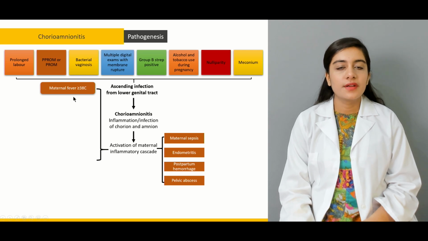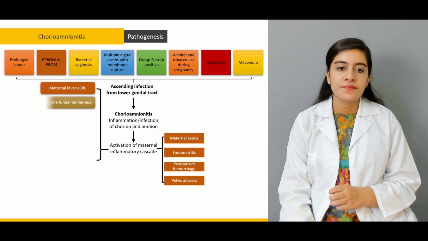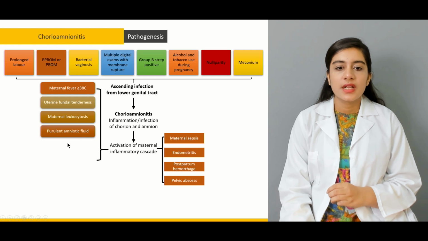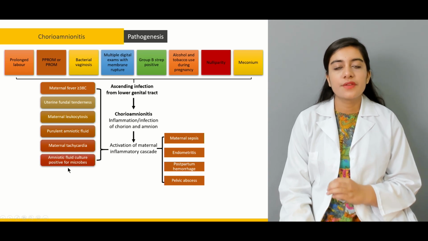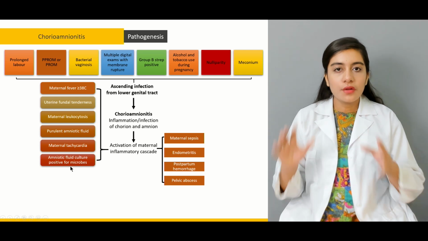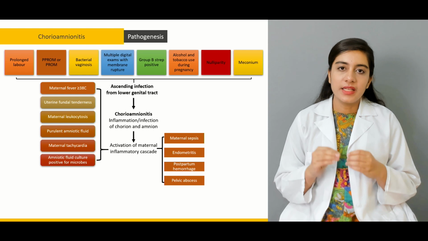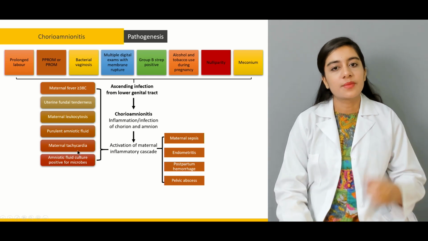Then we have maternal fever that is more than 38 degrees centigrade, uterine fundal tenderness, maternal leukocytosis, purulent amniotic fluid, maternal tachycardia, and finally amniotic fluid culture positive for microbes. All of these are the signs and symptoms that will be seen in the maternal body because of the inflammatory process that is taking place over there.